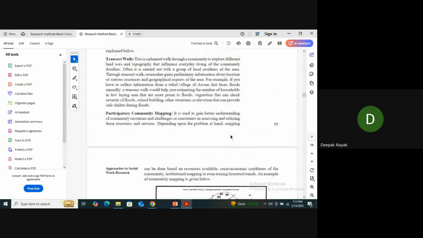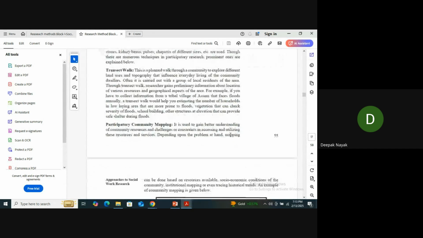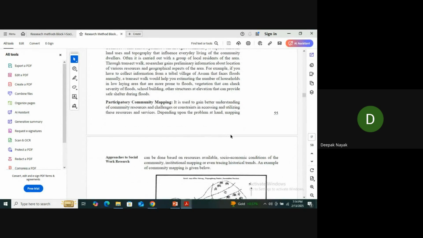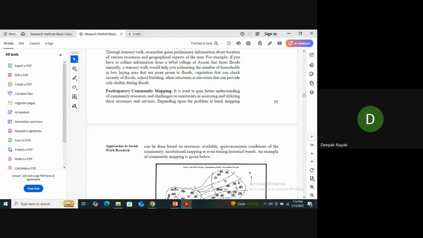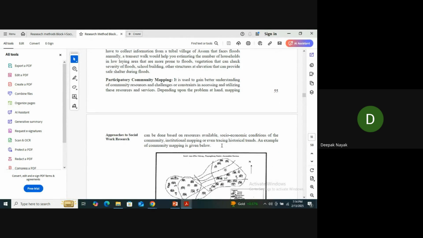Many resources that contribute to the development of a rural village or community are displayed through a map, and this is done by the people themselves.